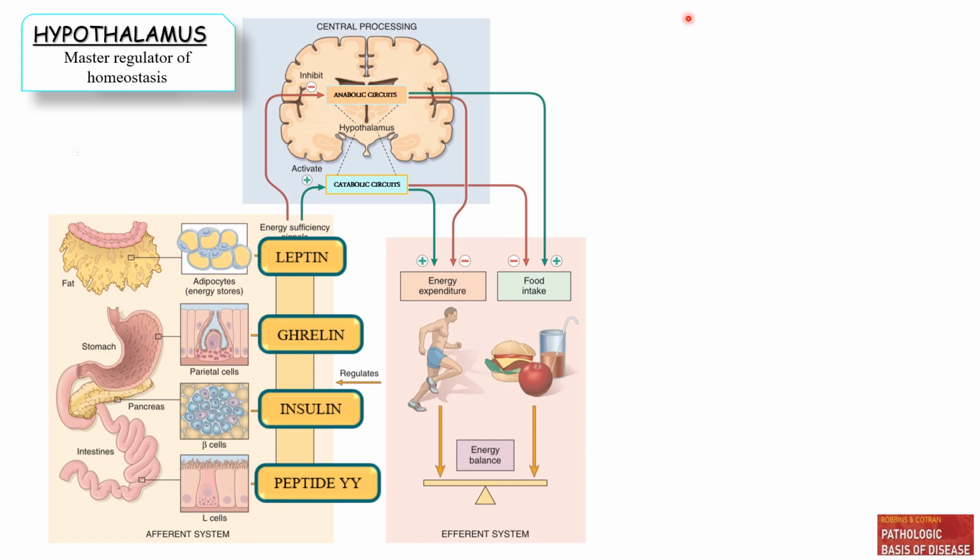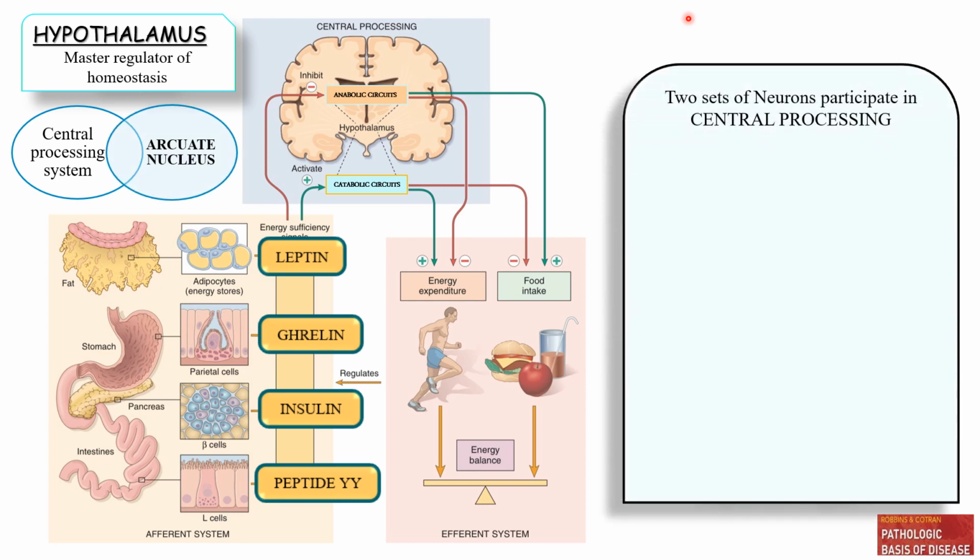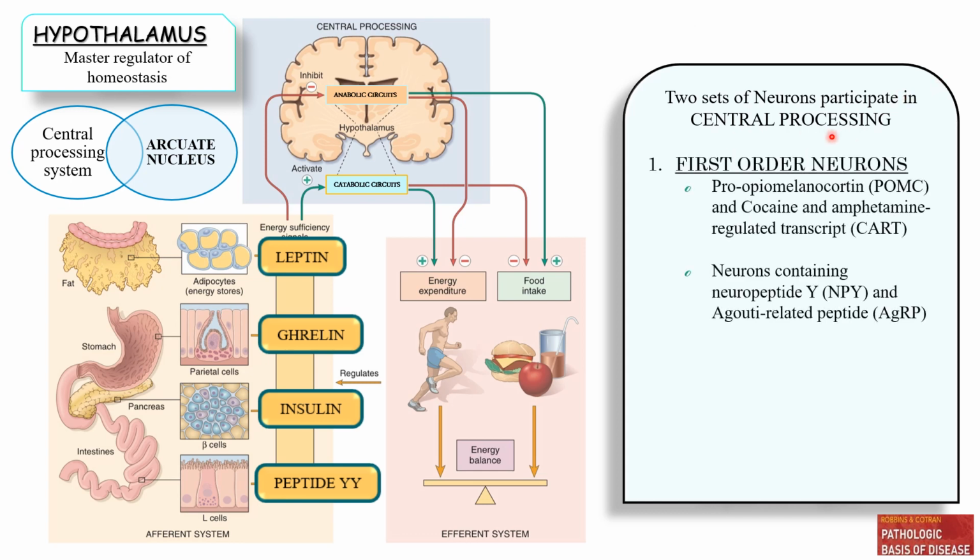The central processing system resides in the hypothalamus and the arcuate nucleus of the hypothalamus. And this consists of two sets of neurons. A pair of first order neurons which consist of pro-opiomelanocortin and cocaine and amphetamine regulated transcript, that is the POMC CART set of neurons, and the second, neurons containing neuropeptide Y, NPY, and agouti related peptide, that is the NPY and AGRP set of neurons.